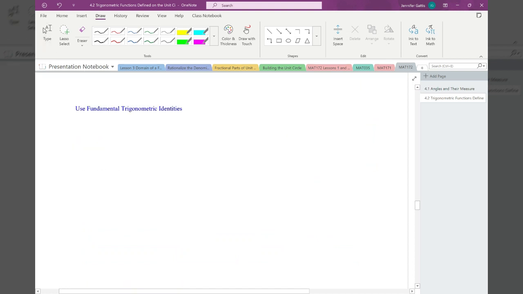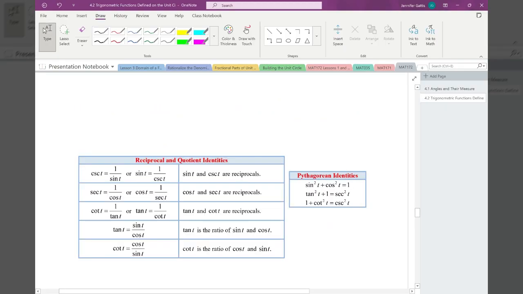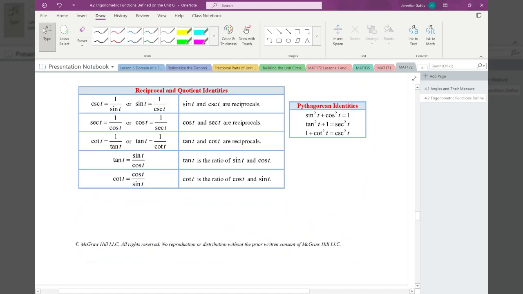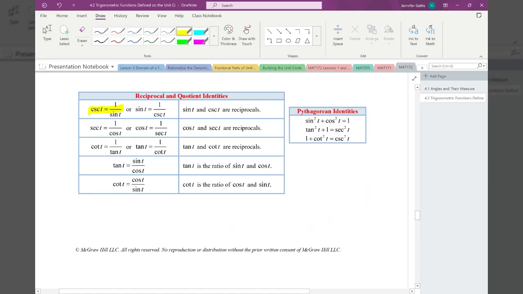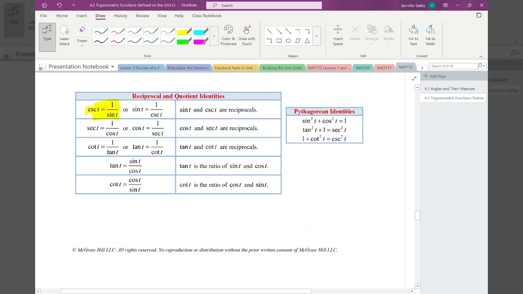All right, now let's get into our fundamental trig identities. The first one that we are going to pay attention to is that cosecant is 1 over sine, which means that sine is 1 over cosecant.